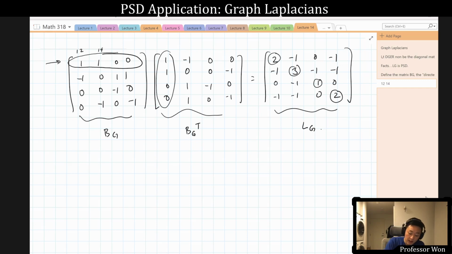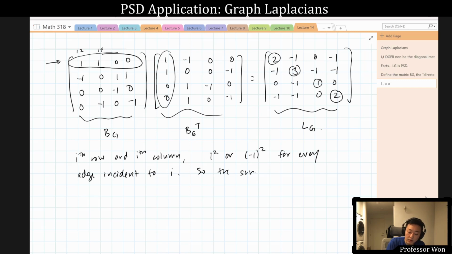If you take the ith row and the ith column, you'll just get either 1 squared or minus 1 squared for every edge incident to i. So the sum is just the degree of i, which is what it's supposed to be in the Laplacian.